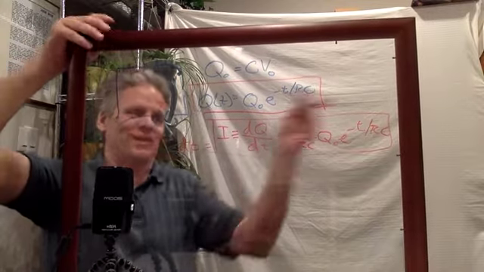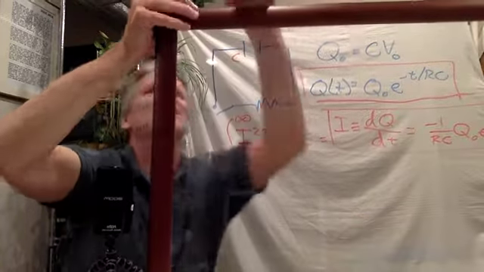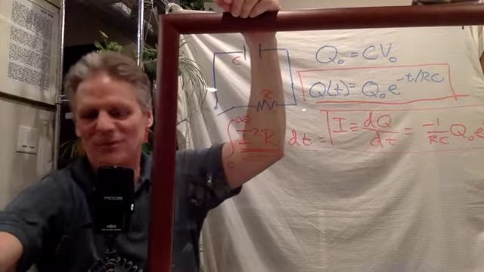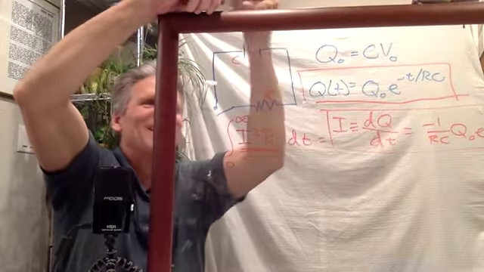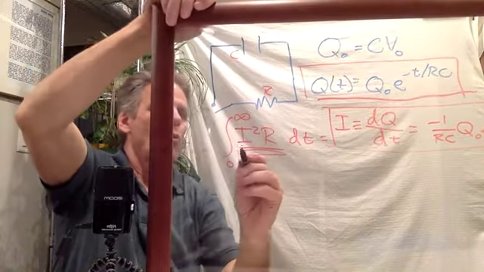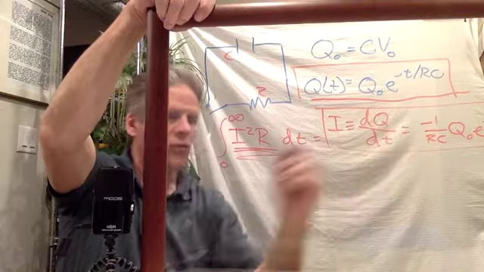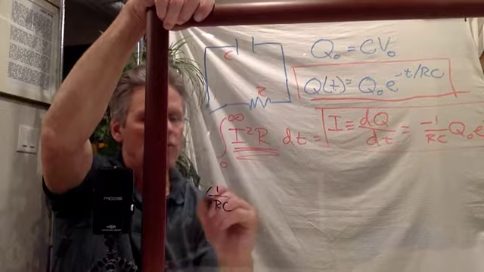The problem's over, okay? So all we need to do is just plug everything in now. So I'm going back to the black pen after all that. Okay. All right. So what is I squared R? I squared is just this squared, so that is 1 over RC squared.